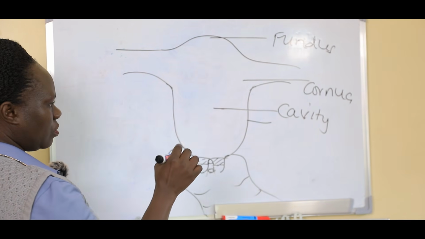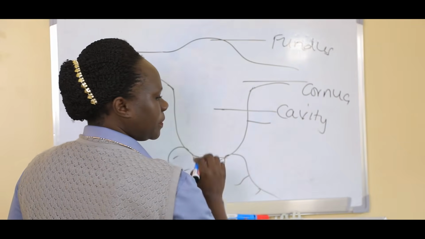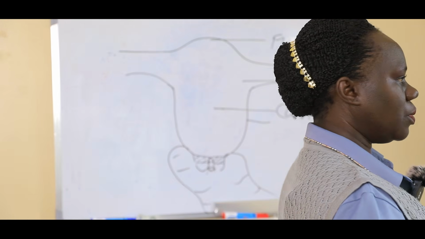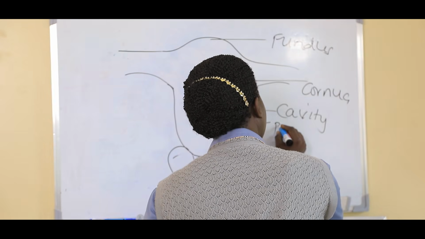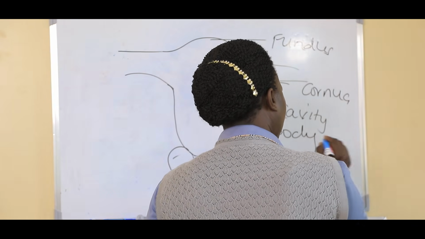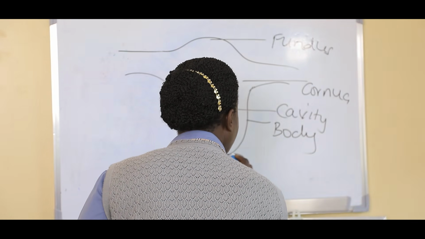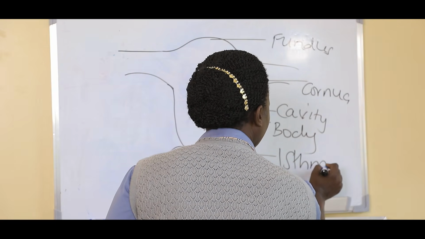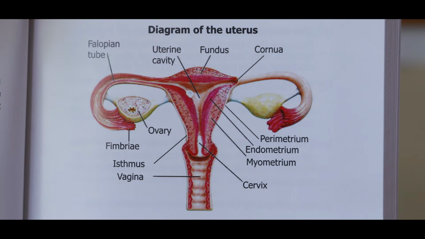Then it has what we call the body, and this is the body. And then it has the narrow part here, known as the isthmus. So that is the uterus.